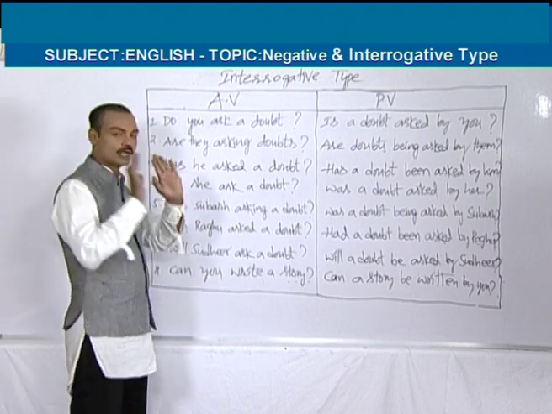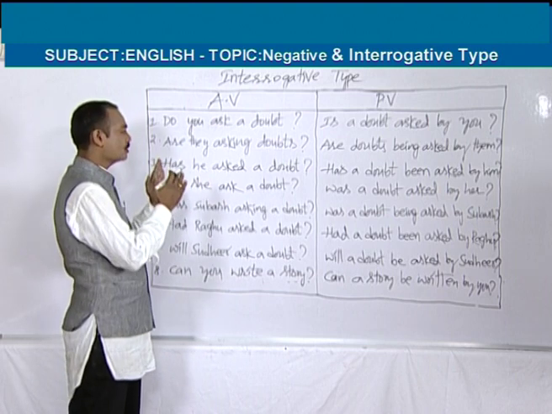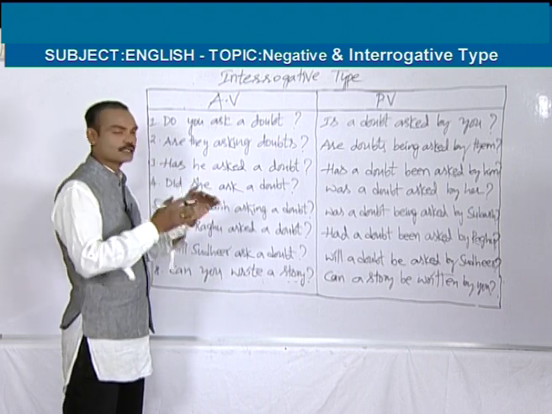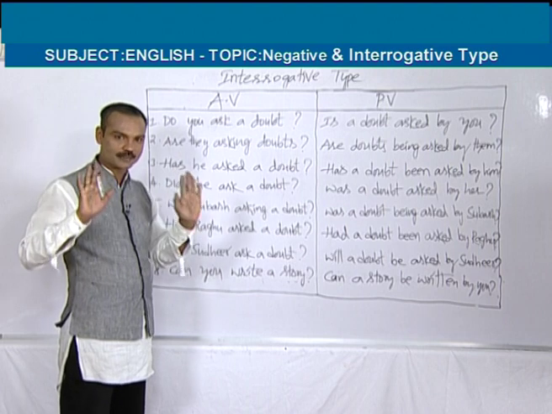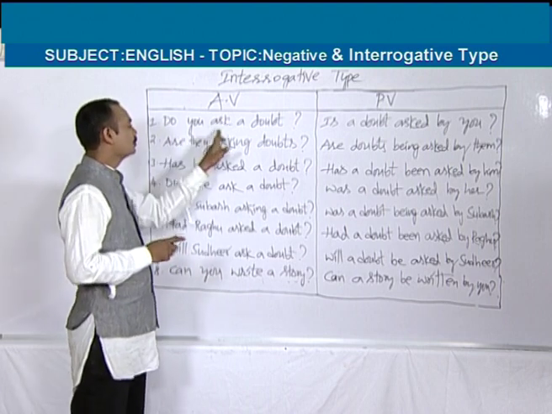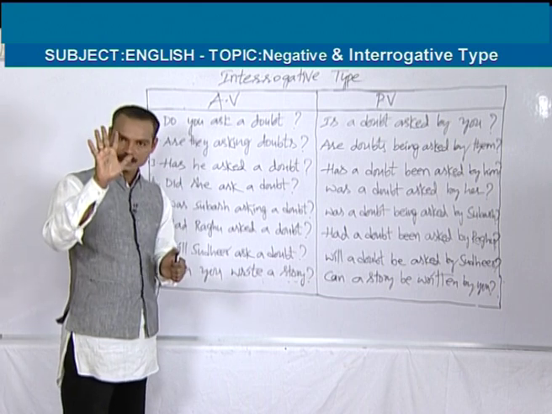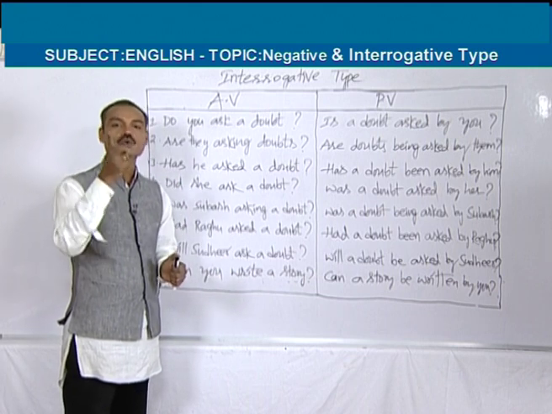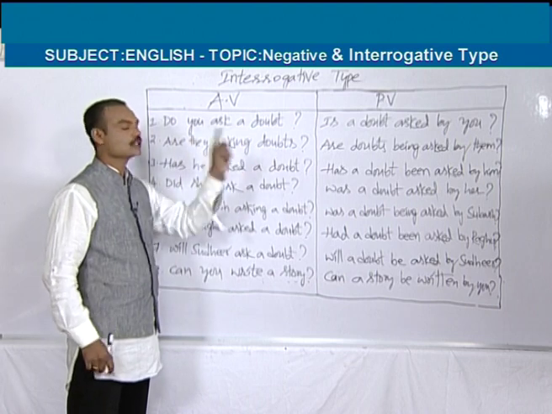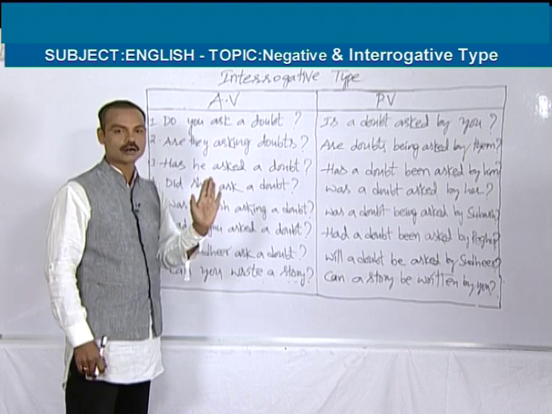So friends, now let's see how to change interrogative active voices into passive voices. Very simple. Do you ask a doubt? Whenever the active voice starts with either do or does, the passive voice should start with am, is, are.